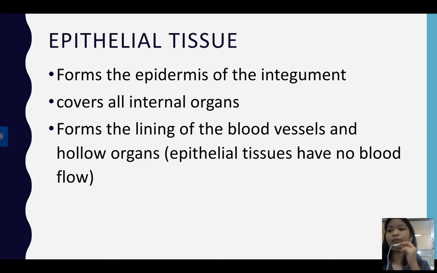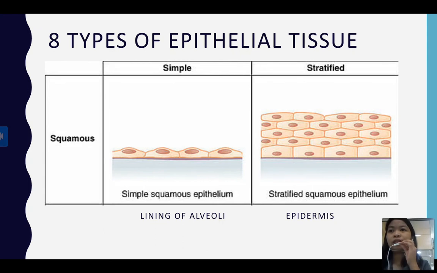So we have the squamous cell, cuboidal cell, and columnar cell. So they are named according to their shape. Pag squamous, irregular yung shape niya. Kapag cuboidal, so it is in cube shape. While columnar, of course, elongated or in columns.